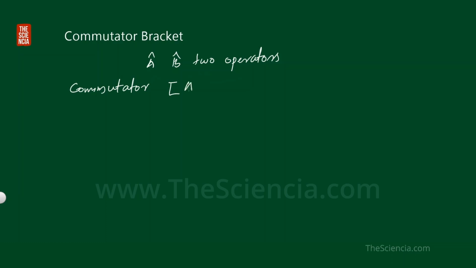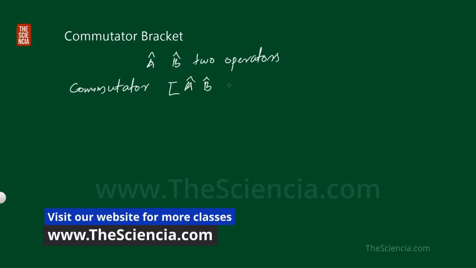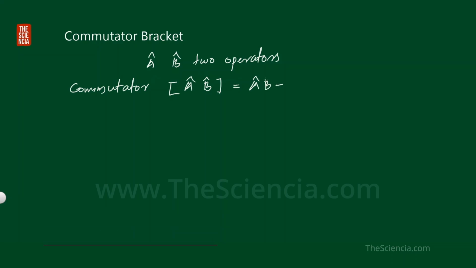[A, B] = AB minus BA. So this is the definition of commutator bracket AB. And if the commutator AB is equal to 0, that means operator AB minus operator BA is equal to 0.